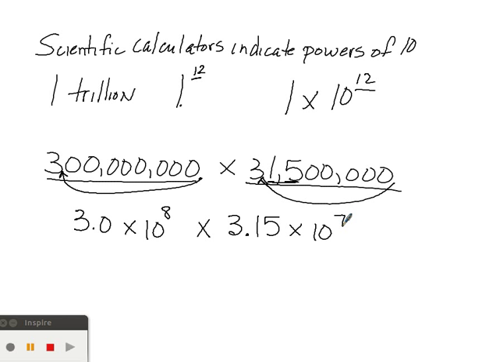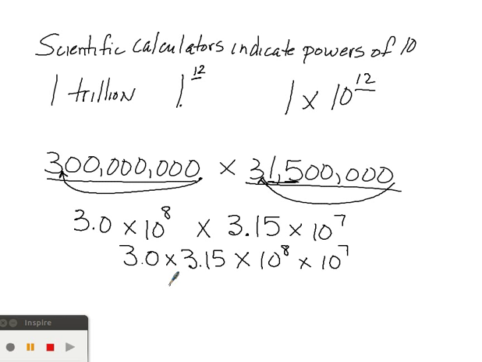So we now have 3.0 times 10 to the 8th times 3.15 times 10 to the 7th. You can rearrange all of these factors because of the commutative property of multiplication, and we're going to rearrange these to say 3.0 times 3.15 times 10 to the 8th times 10 to the 7th.